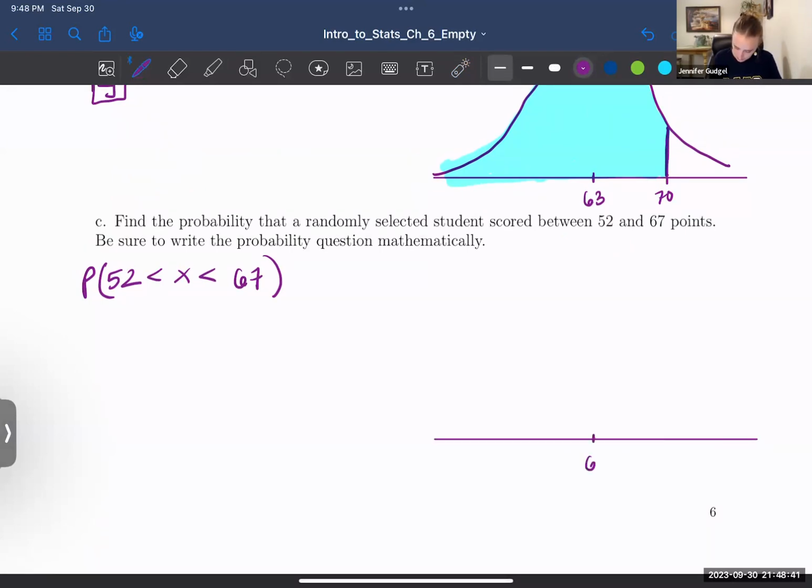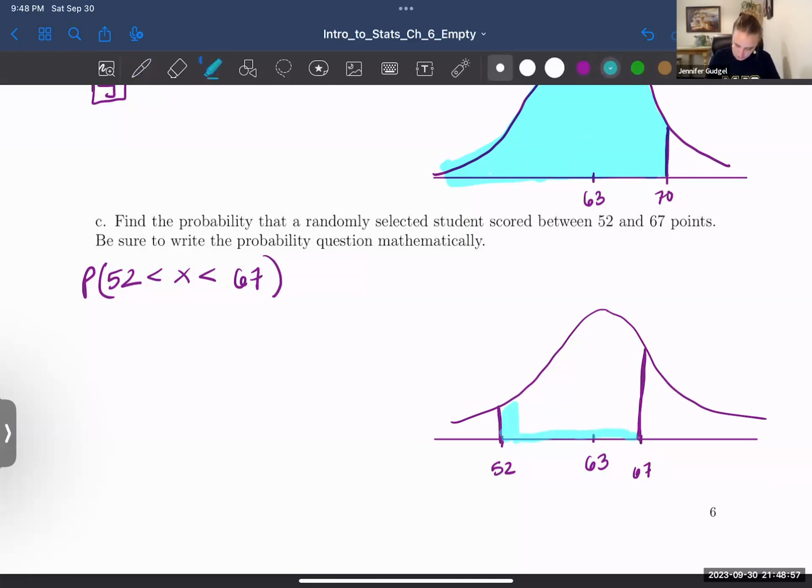Mark where the mean is. 63 in the middle there. All right, 52 is somewhere to the left. 67 is somewhere to the right. And we want to be between these values. So the area between these values is what my probability will equal.